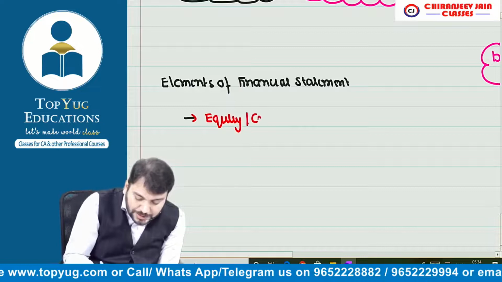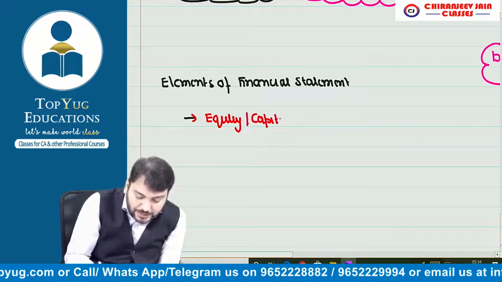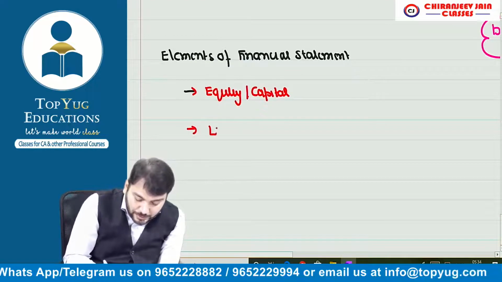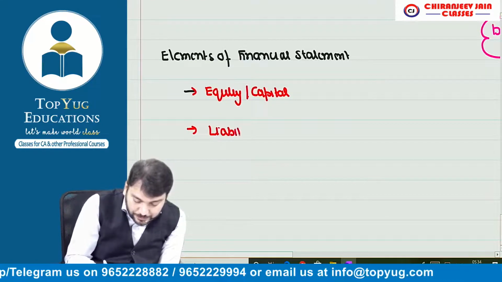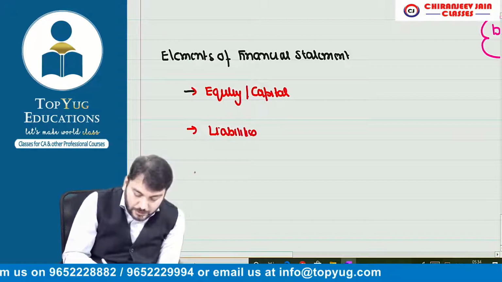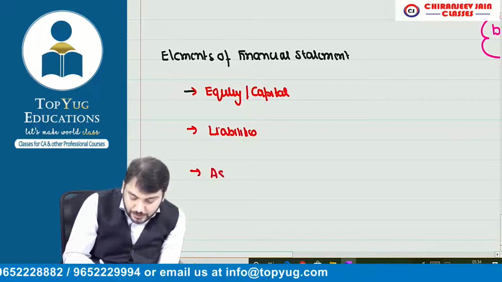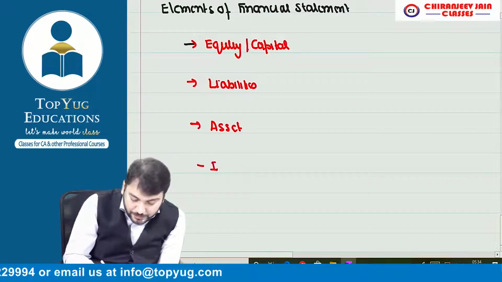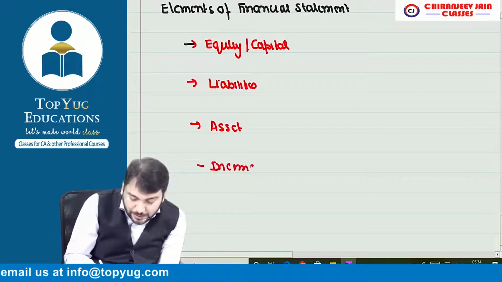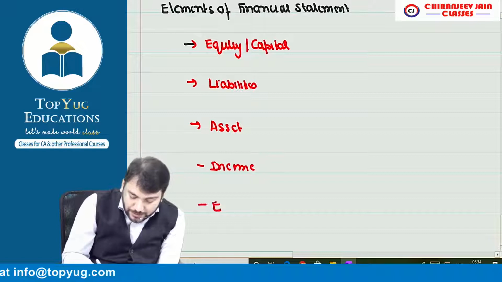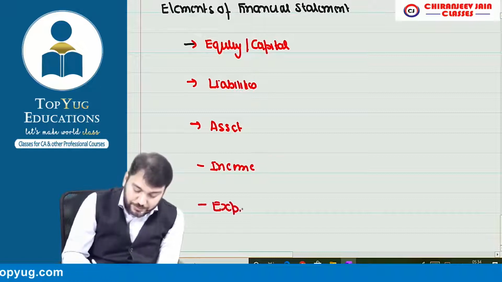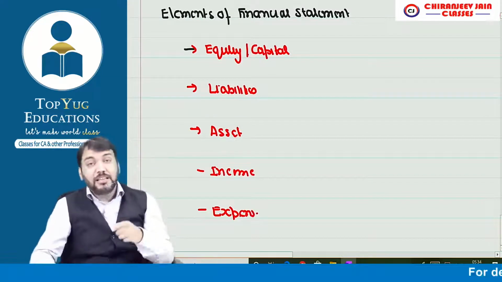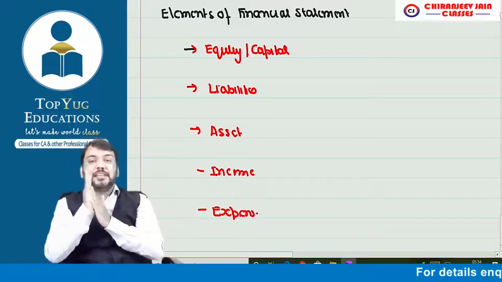We write down capital in brackets because these are interchangeably used. Correct. Second is what? Liabilities. Third is what? Assets. Fourth is what? Income. Five is what? Expense. Correct. So these are the five elements of financial statement.